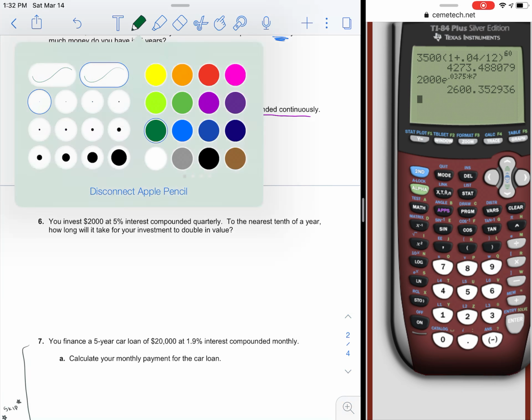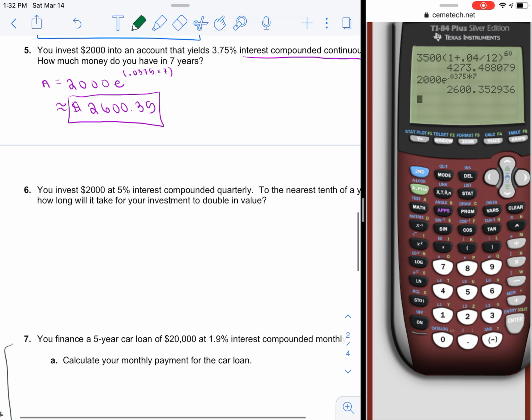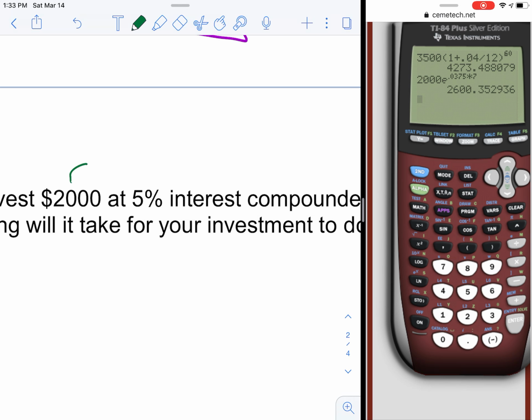Final problem for today is to talk about using our calculator to find the time it takes for something to happen. In this case, we have this money that we're investing, 5% interest compounded quarterly. We want to find the time it takes for the investment to double. Well, first thing we need to think about is what's double 2,000, and that's 4,000.